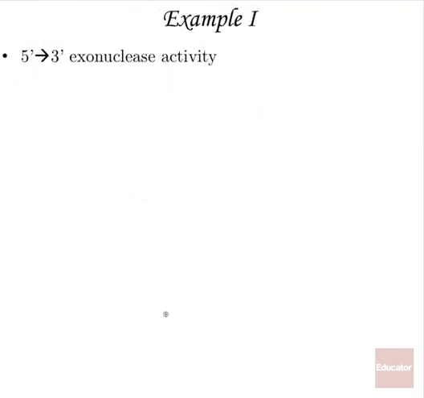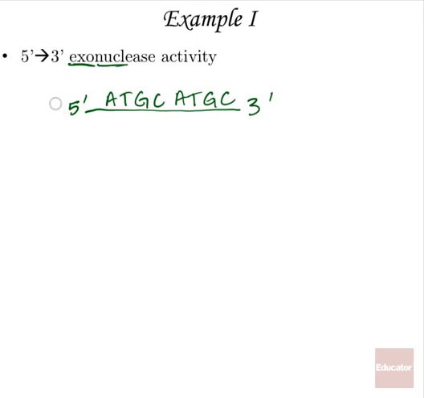So what is our 5' to 3' exonuclease activity? Well, an example of that would be if we have a 5' to 3' sequence of DNA, and let's just say it's A, T, G, C, A, T, G, C. All a 5' to 3' exonuclease activity, remember exo means outsides or the ends, nuclease, it's breaking up nucleic acid, so all it is, it's just an eraser function from this side.